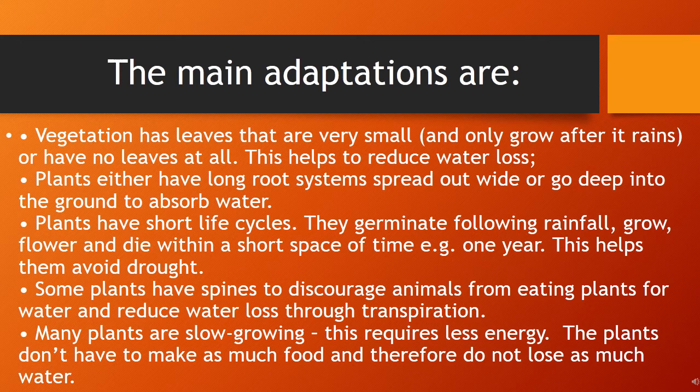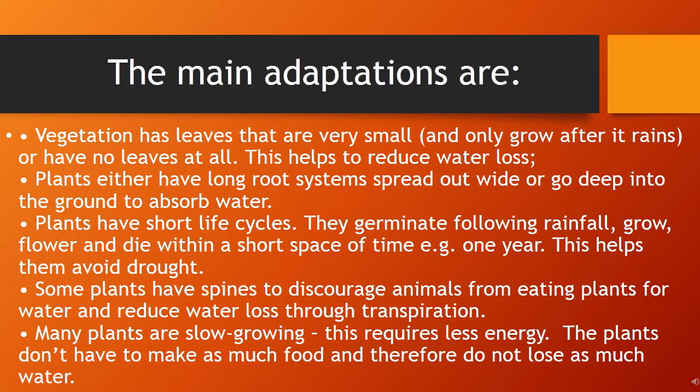Plants either have a long root system, spread out wide, or go deep into the ground to absorb water. Plants have short life cycles. They germinate following rainfall, grow flowers and die within a short space of time, for example, 1 year. This helps them avoid drought.